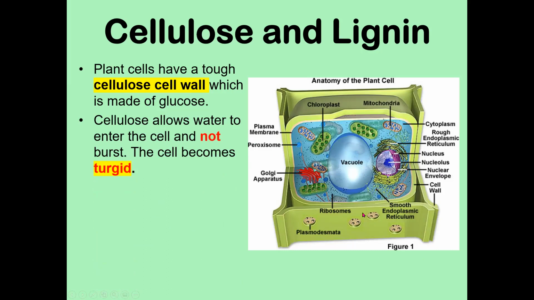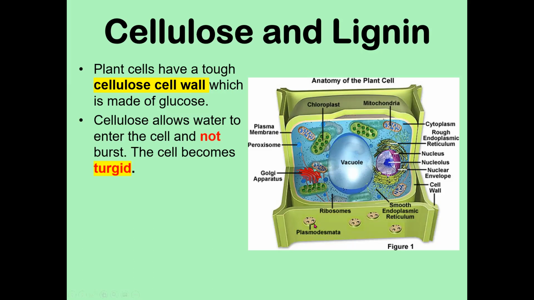And by the way, I should mention that cellulose is 100% pure glucose, but like starch, it's made of glucose in a different sequence, a different structure, the way the glucose molecules are attached.